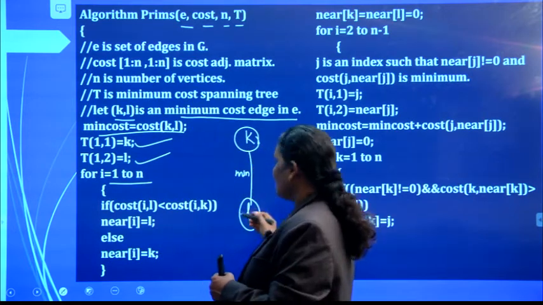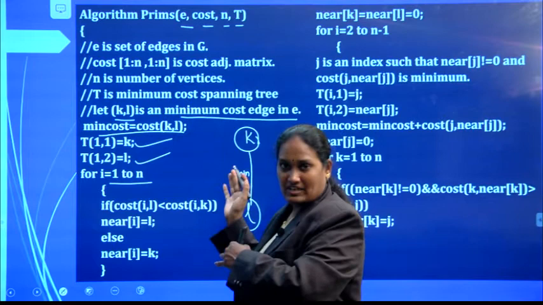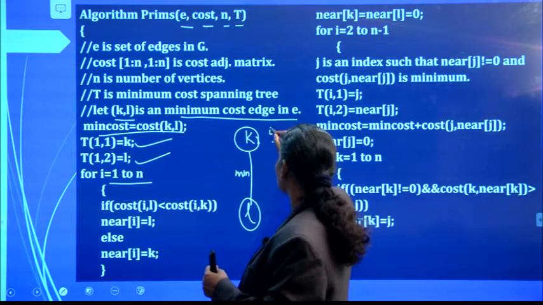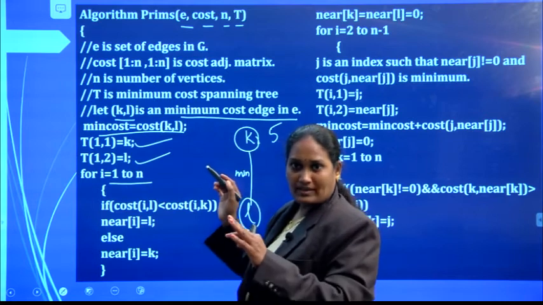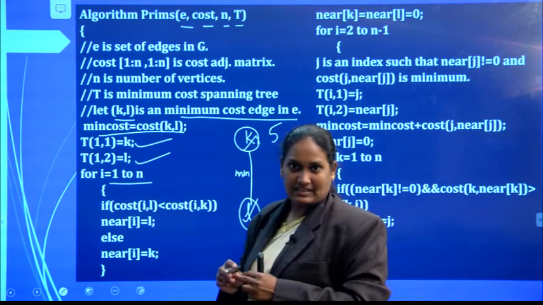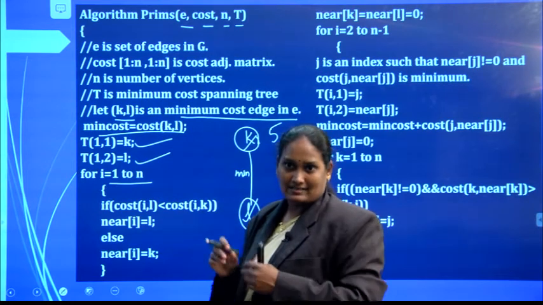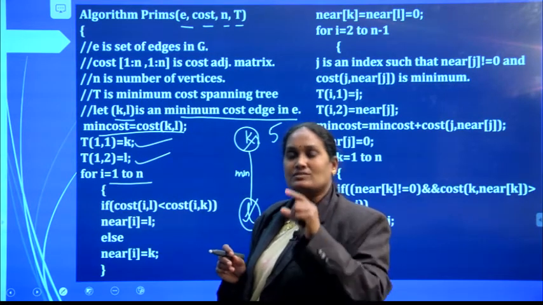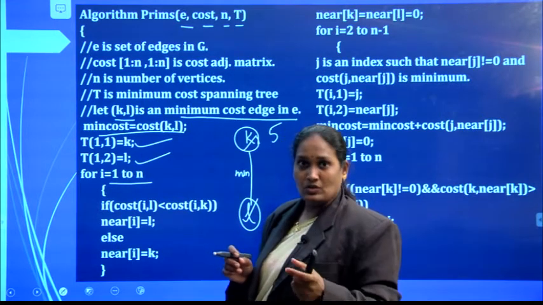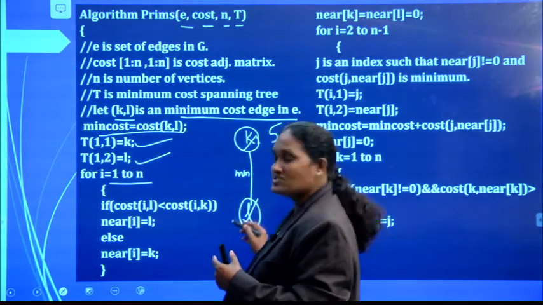Other than these vertices, some vertices may be there in the graph. Suppose your graph contains 5 vertices. Out of those 5 vertices, here K is one vertex and L is another vertex. 3 more vertices are there. Those 3 vertices are near to which vertex out of these 2?